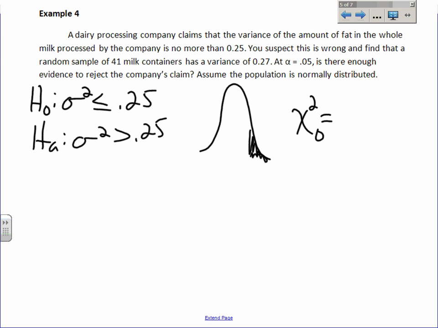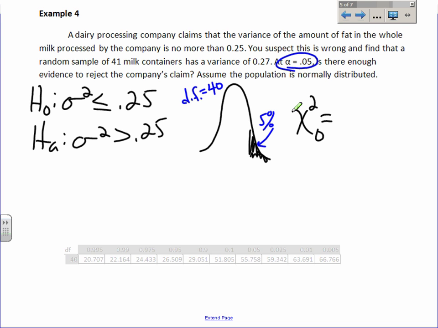I don't have to write right and left. If you wanted to put it there, I'd be okay with it, but you don't have to. So what am I going to look up? Alpha is 0.05, which means how much is right there? 5%, right? And degrees of freedom is 40. So what is our critical value?